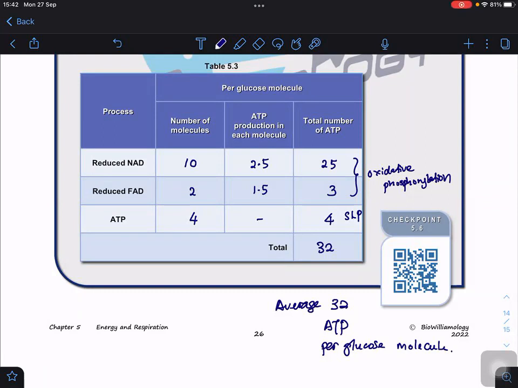Okay, now how can we calculate the 2.5? Basically, we base it on the number of ATP that can be produced. Sometimes 3, sometimes 2, when we regenerate 1 NAD. So basically, we get an average of 2.5 because energy loss will be there. If you calculate the overall, let me show you.